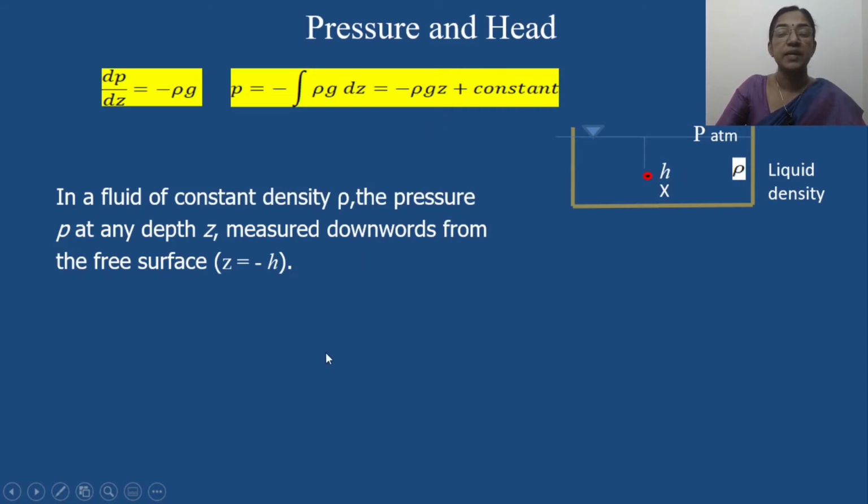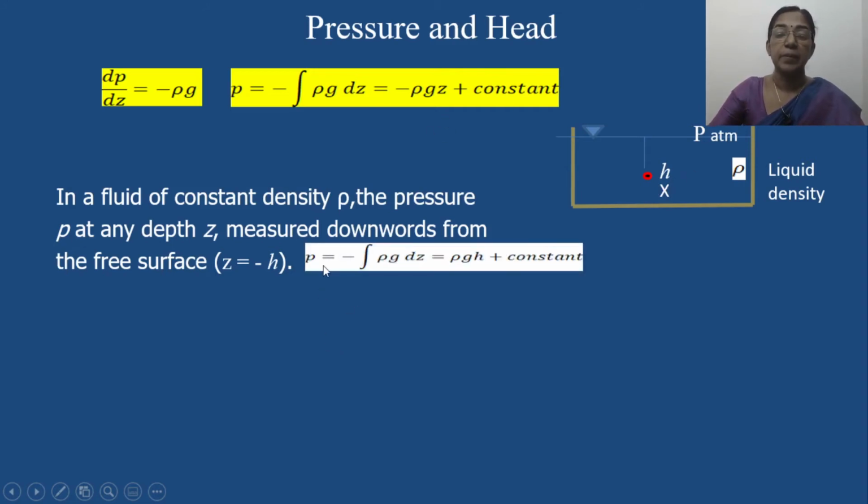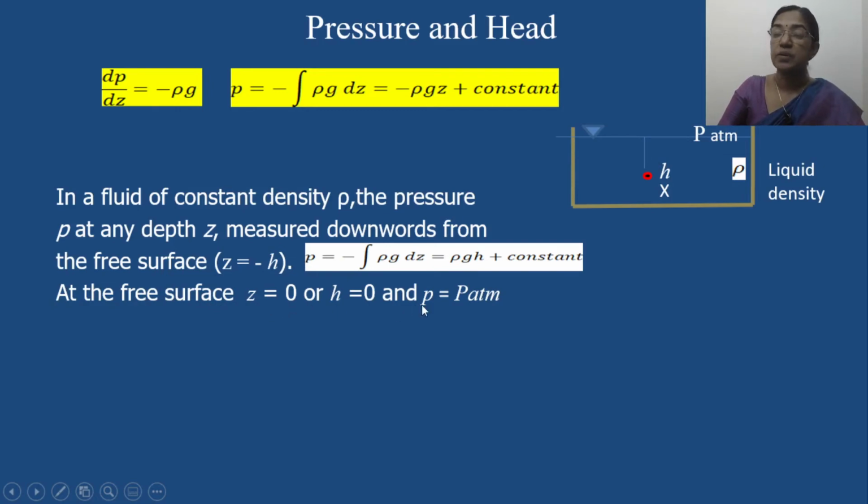If you substitute here, you will obtain P equal to minus integral of rho g dz, and for z you substitute minus h. So your expression is rho g h plus a constant. When z equal to 0, meaning h equal to 0, the pressure is P atmosphere, so this constant is equal to P atmosphere.